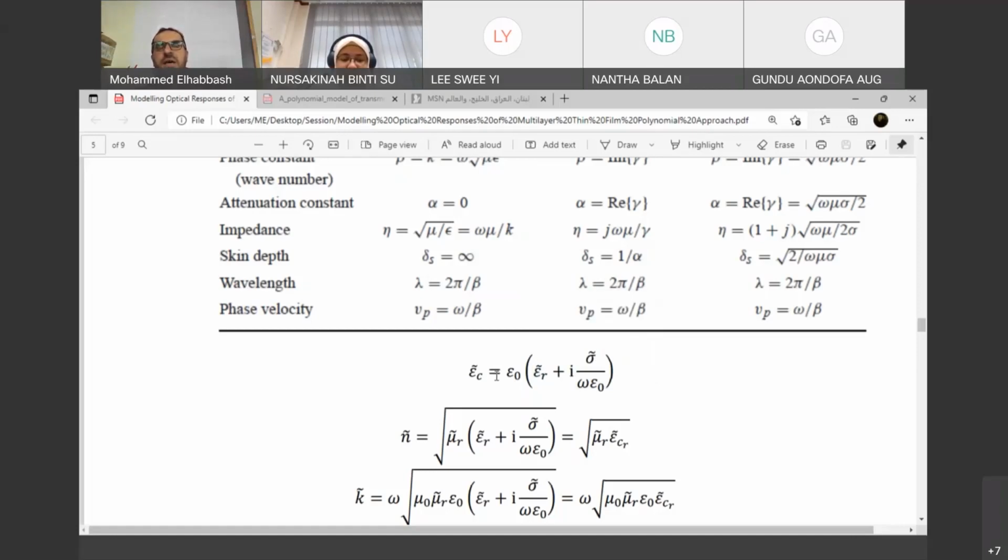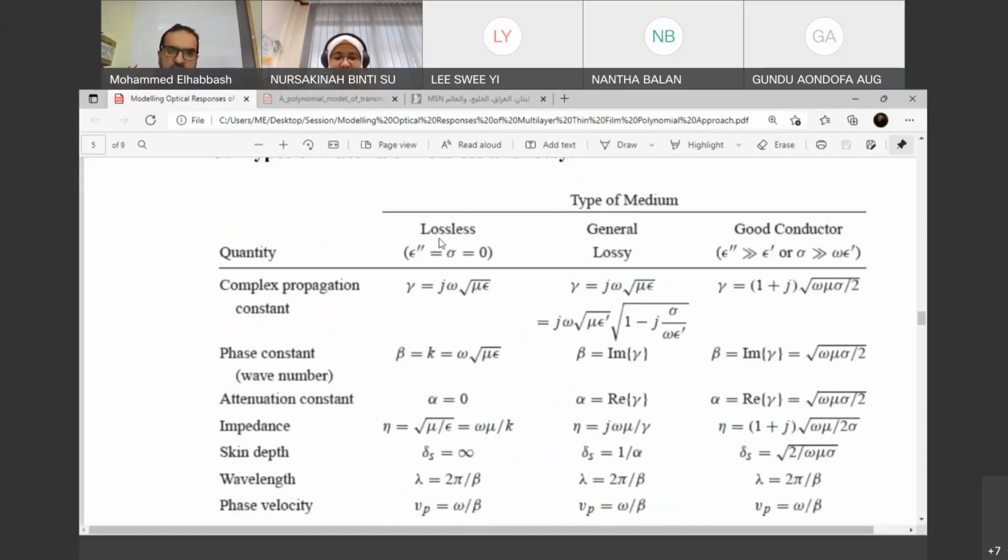I can sum up my research or my searching about this point: if you have no conductivity, meaning sigma is 0, and also the imaginary part of the relative permittivity equals 0, then you have a lossless material.